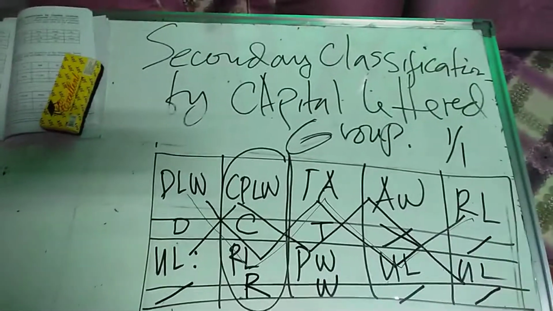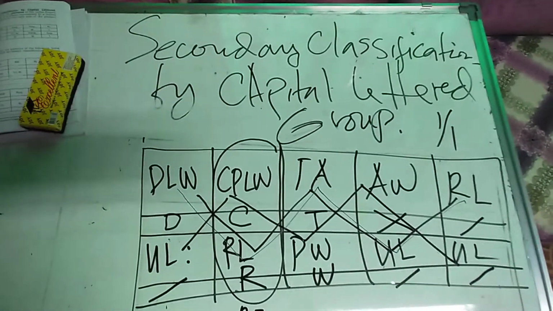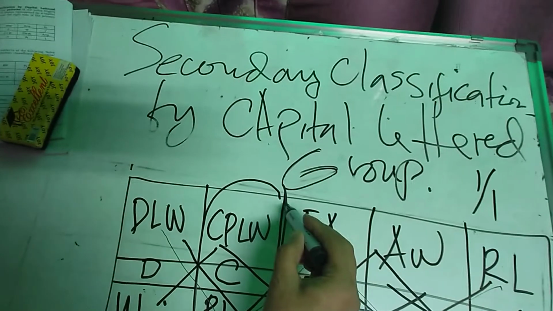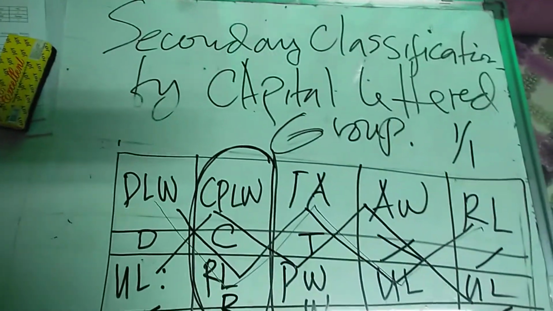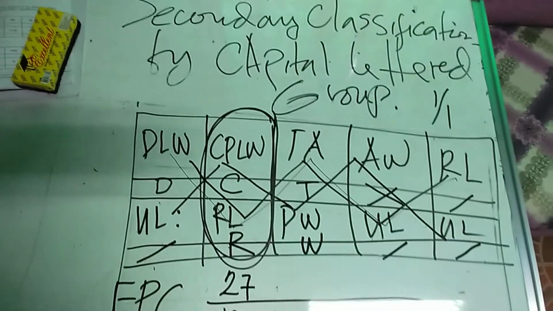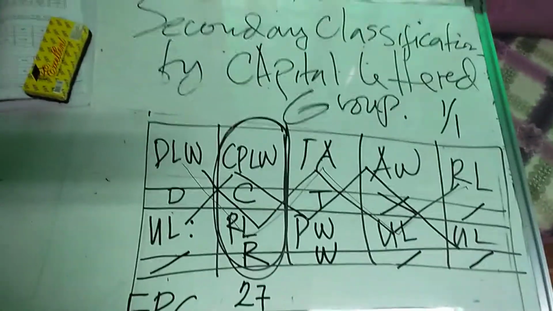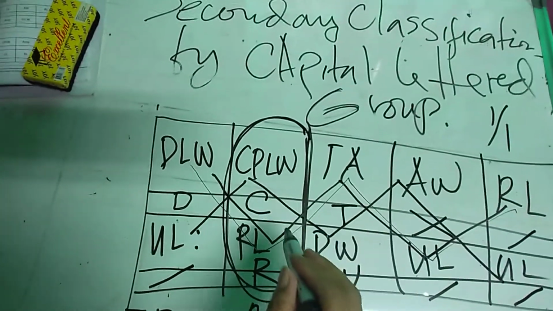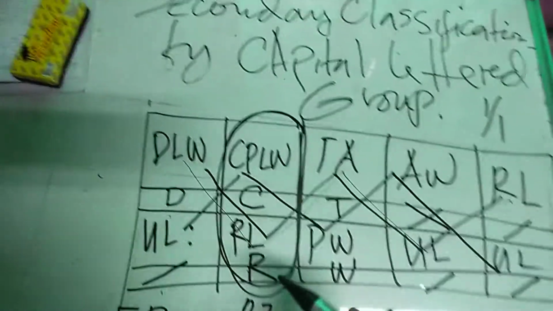Now, how are we going to get the secondary classification by capital letter group? We only have the index fingers that are involved in the secondary classification by capital letter. So, you are just going to copy the symbol on the right index and the left index.